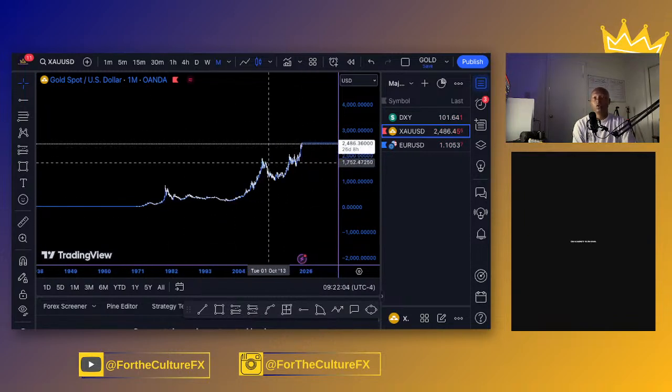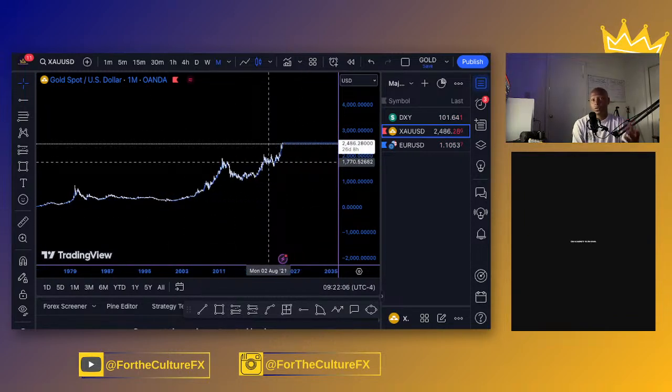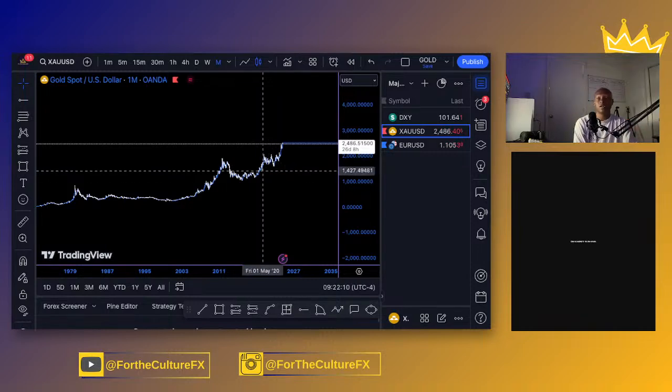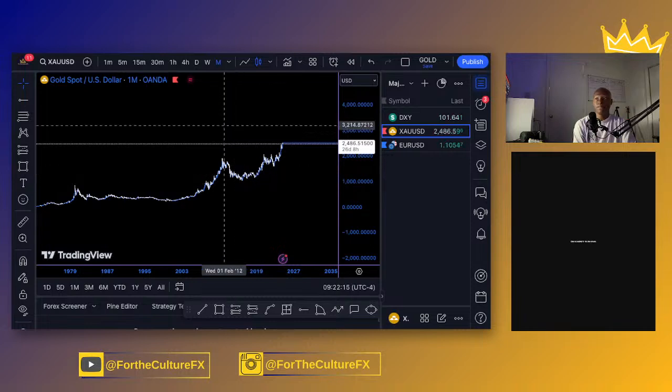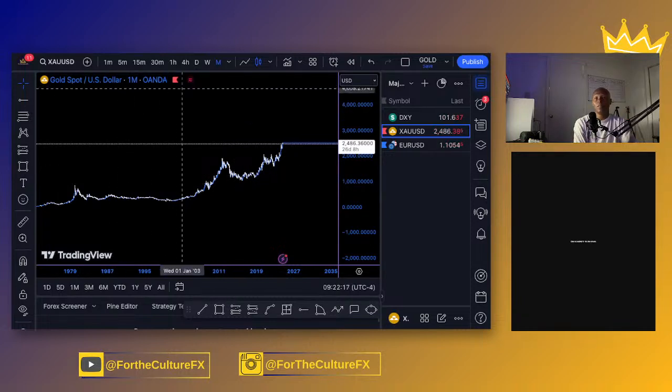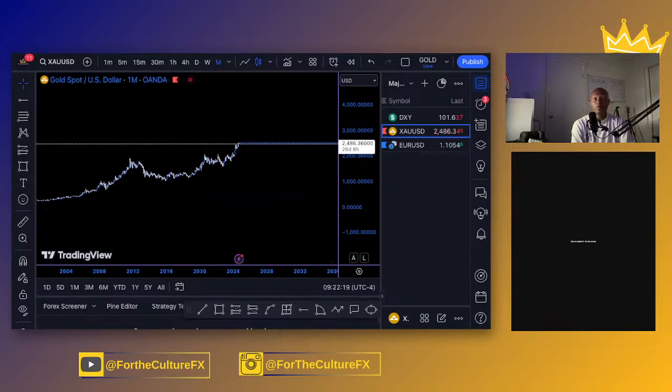So naturally gold goes up. This is why a lot of really wealthy people hold their money in gold and not in the banks, because no rich person holds their money in the banks.